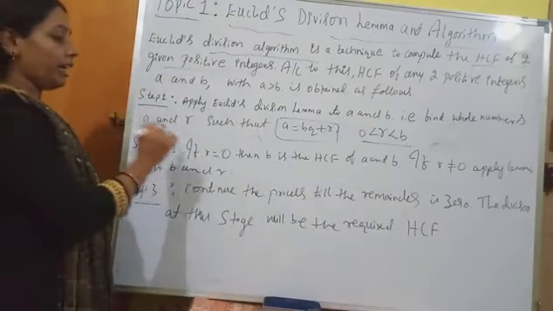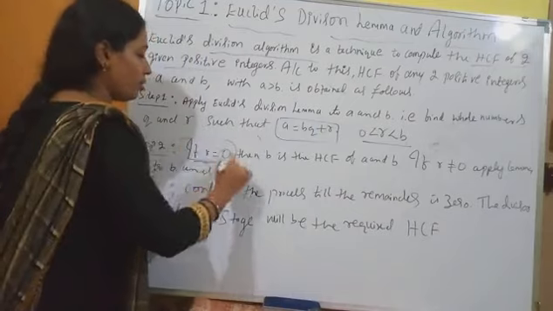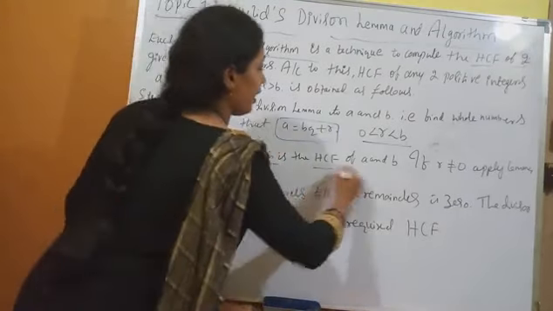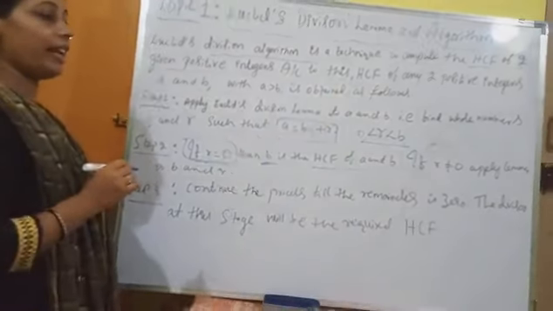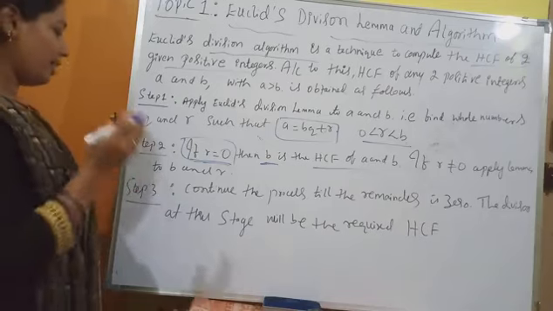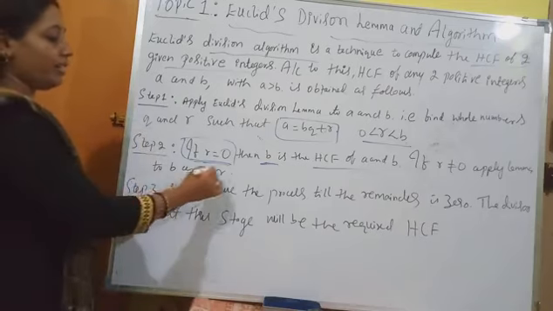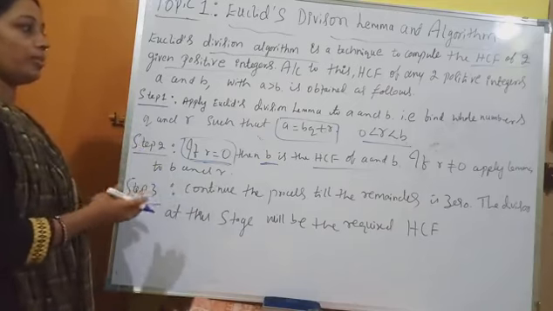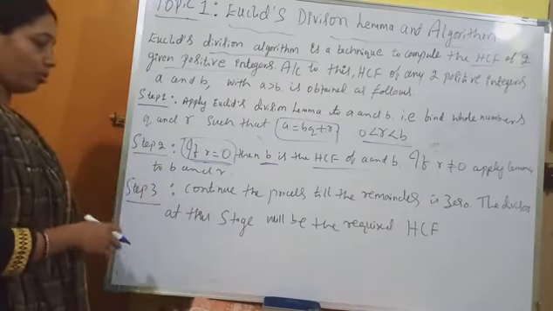Step number 2. If r is equal to 0, then b is the HCF of a and b. If r is not equal to 0, apply the lemma to b and r. What is step number 2? First, we apply Euclid's division lemma to the given two numbers.